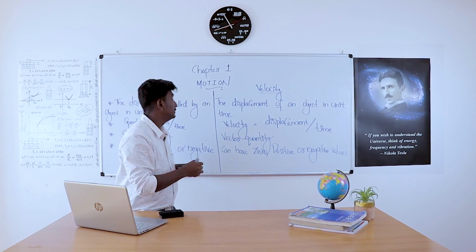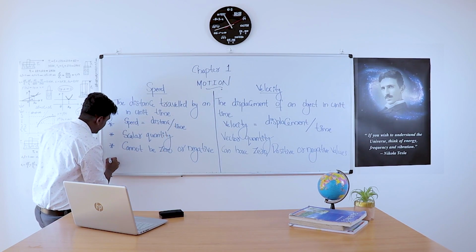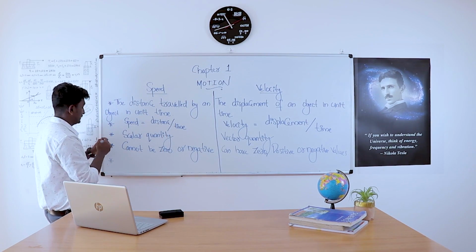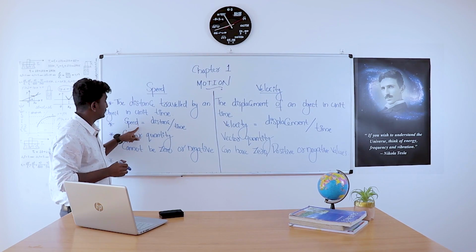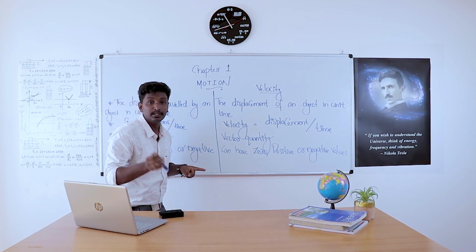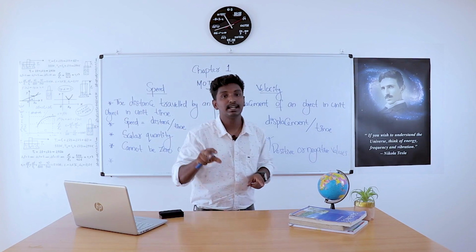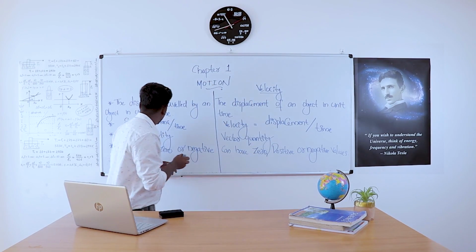Now we need the unit of both these quantities, speed and velocity. From this equation, speed is equal to distance by time. Using that equation, we can easily find the unit of speed.